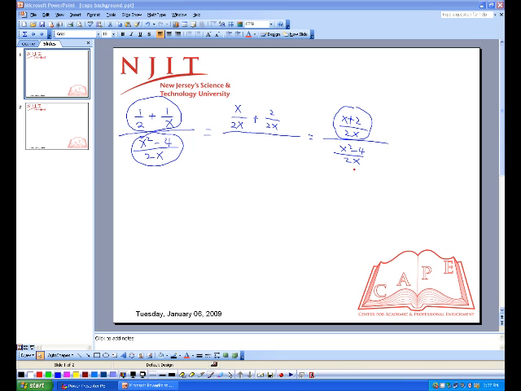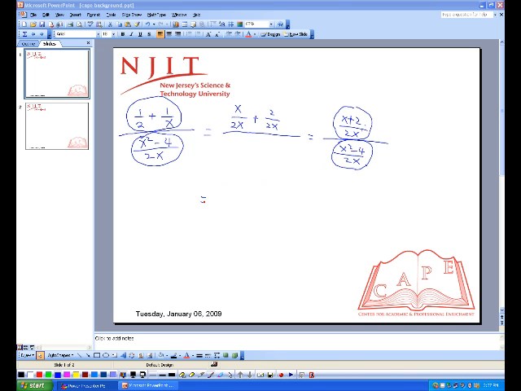And since now we have one rational expression divided by another rational expression, we can use the method where one rational expression divided by another is the same as one rational expression multiplied by the inverse of the other.